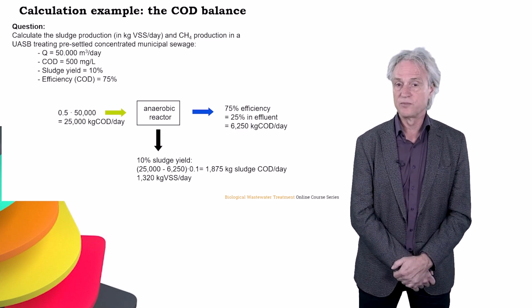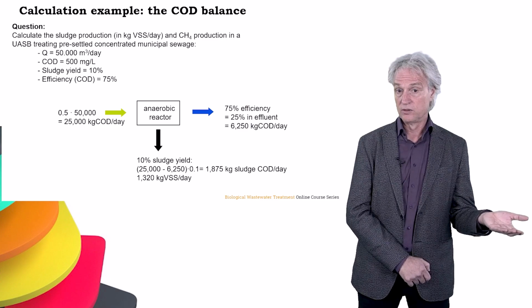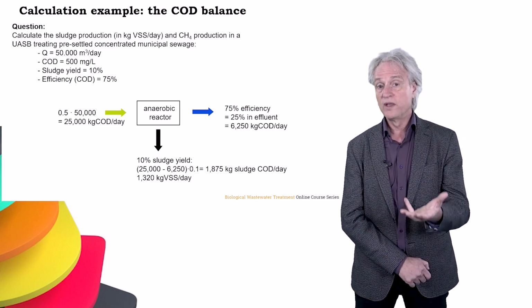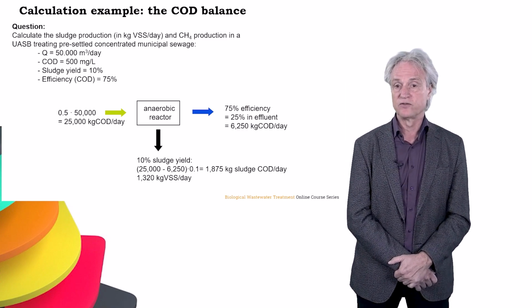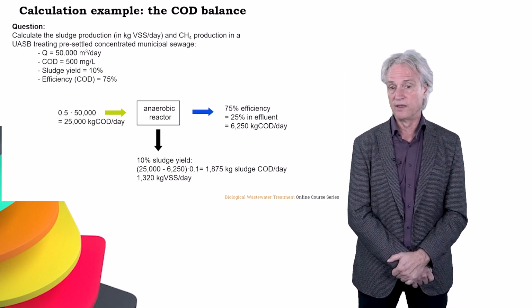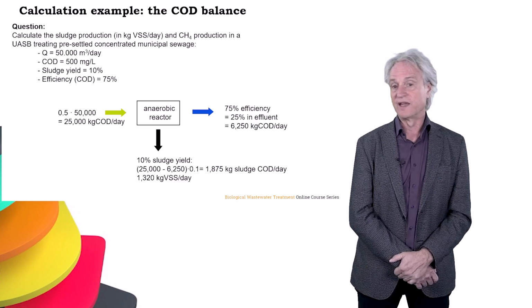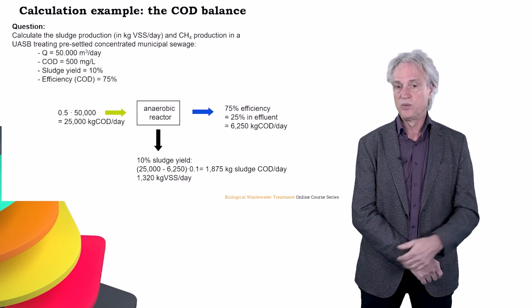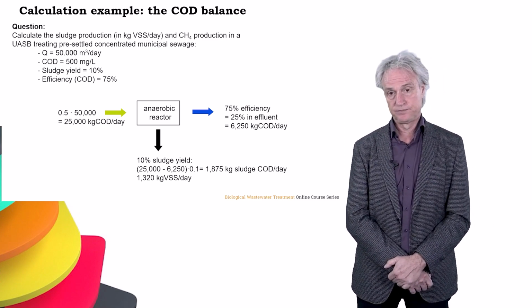It was assumed that 10% is converted to sludge: 25,000 minus 6,250, times 0.1, the 10% sludge yield, which gives us a value of 1,875 kilograms of sludge COD per day. If you divide it by 1.42 kilograms COD per kilogram of VSS, we produce 1,320 kilograms of VSS per day.